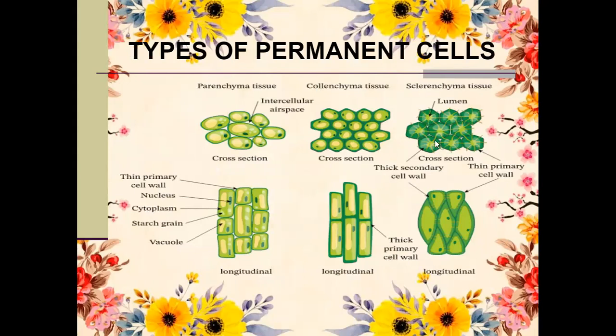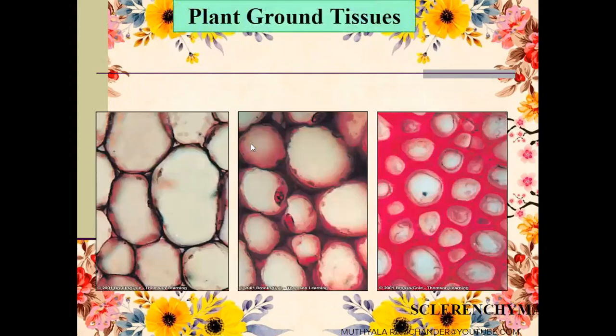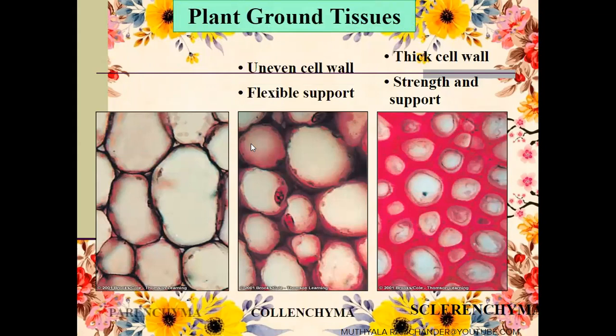Some sclerenchyma tissues are also called dead cells, or stone cells. So from these three types of simple tissues, today we discuss parenchyma tissues.